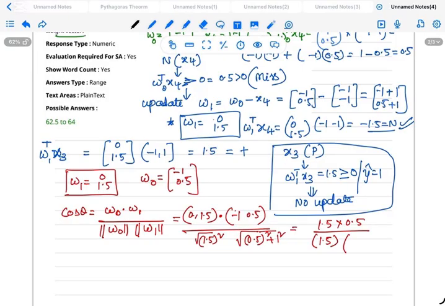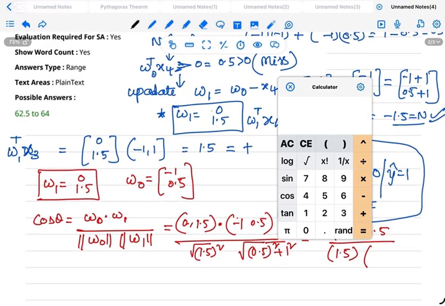So using the calculator, 0.5 squared is 0.25, plus 1 is 1.25. The square root of 1.25 equals 1.118.